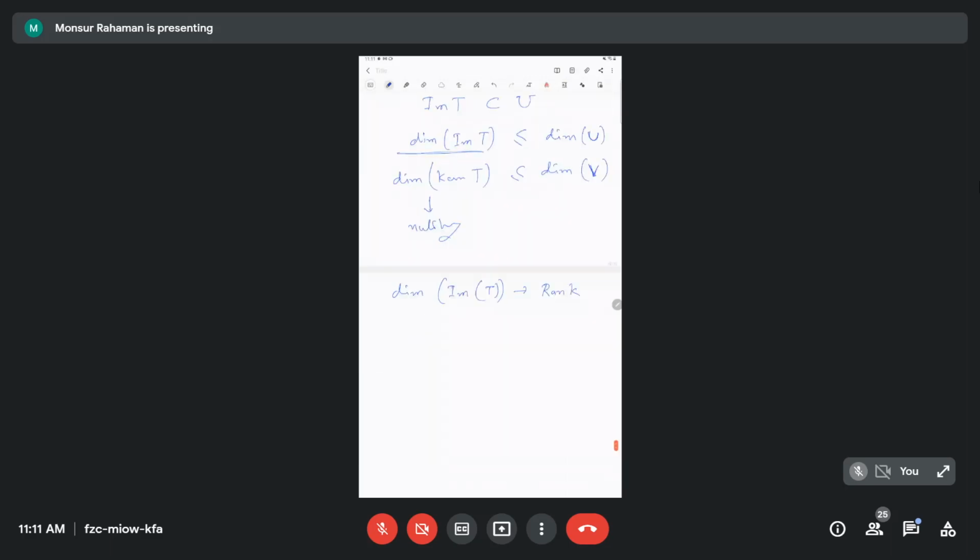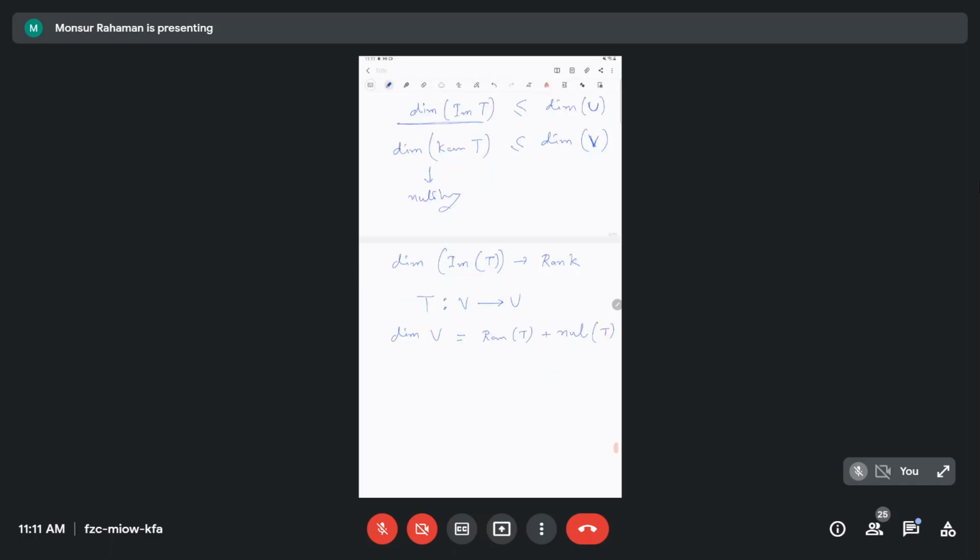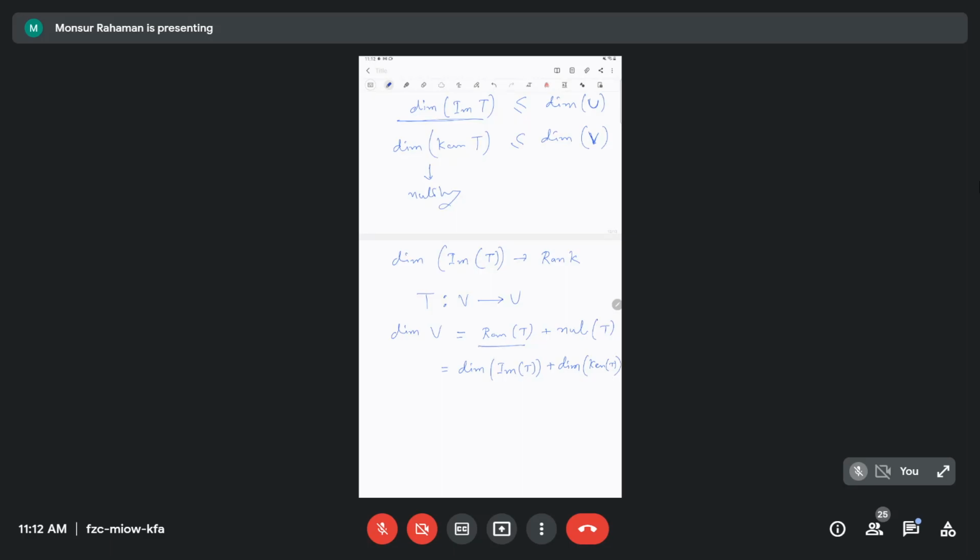So there is a very important result: if T is a linear transformation from V to U, then dimension of V equals rank of T plus nullity of T. Rank of T means the dimension of image T, and nullity is the dimension of ker T. Okay, so the dimension of V can be determined by these two.